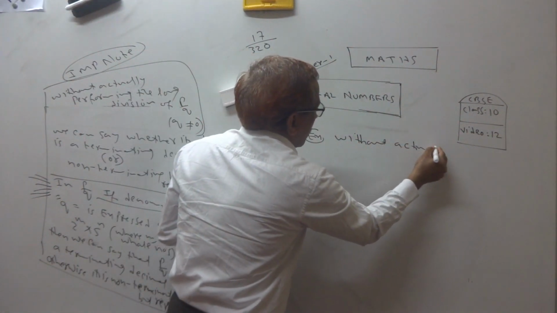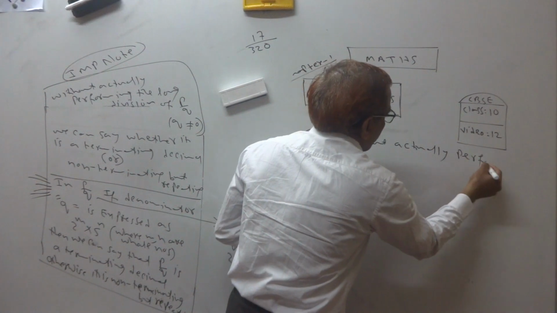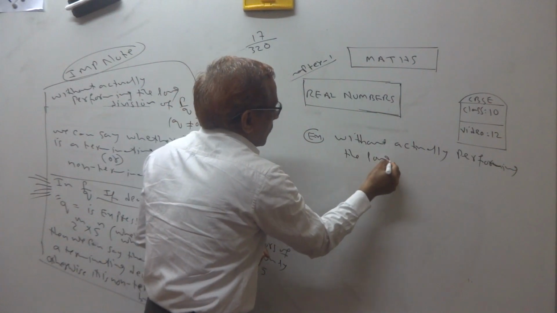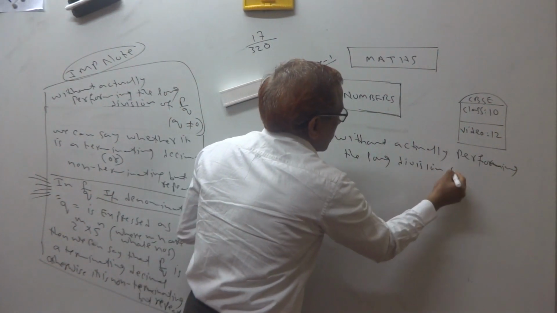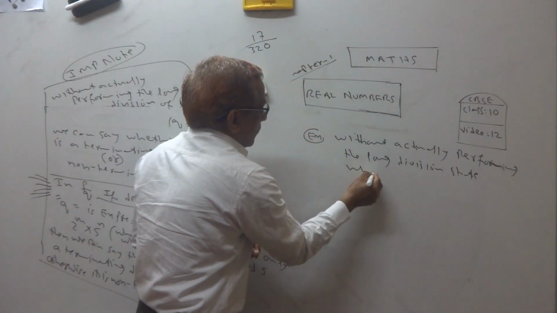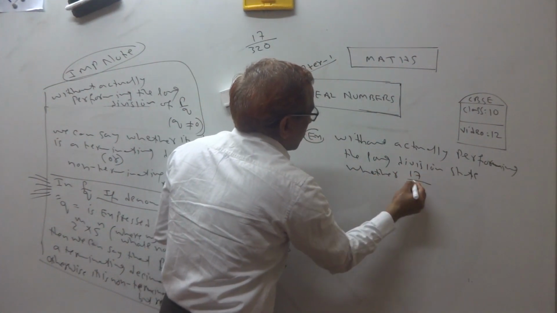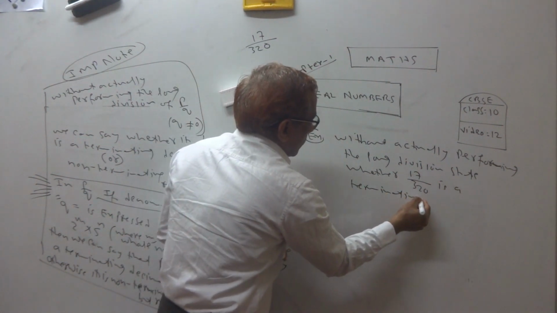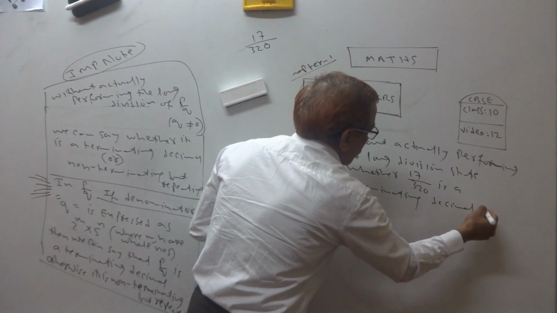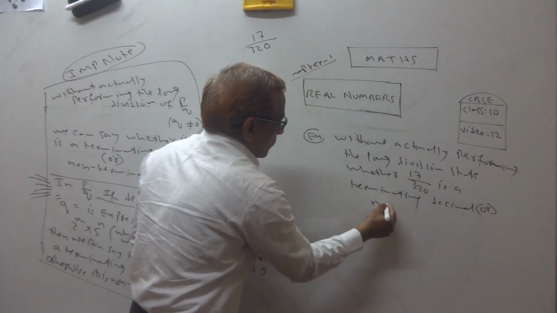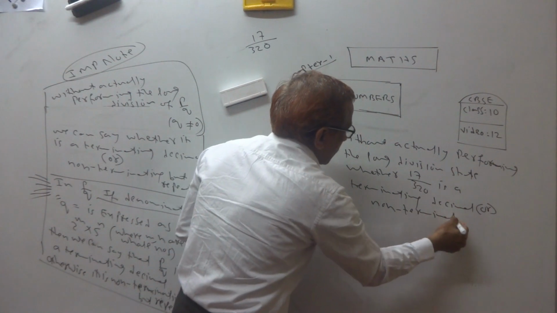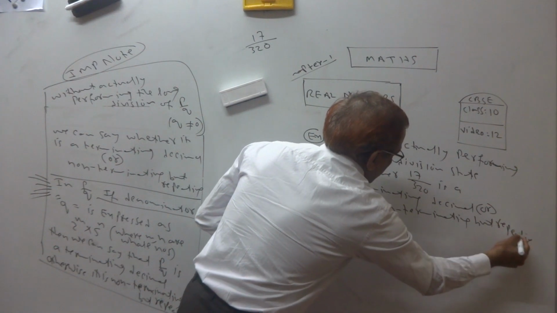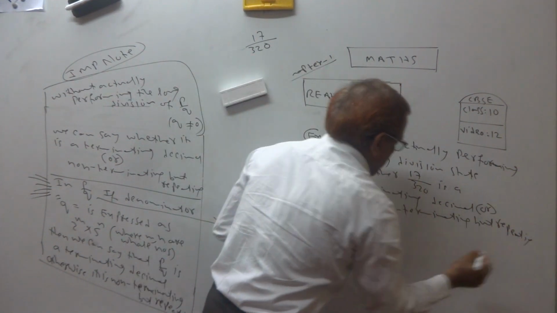Without actually performing the long division, state whether 17 by 320 is a terminating decimal, or non-terminating but repeating. Yes, this is the question, please.